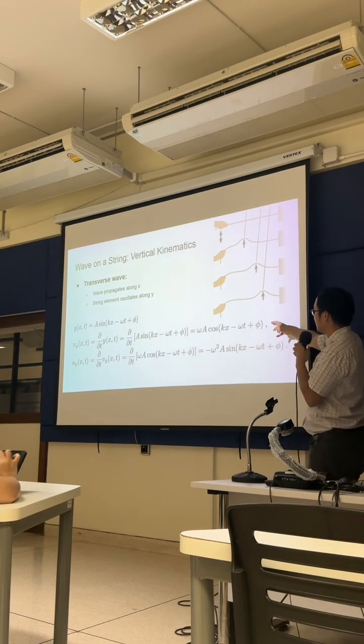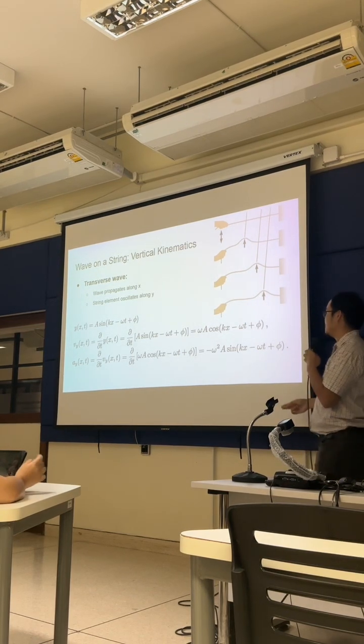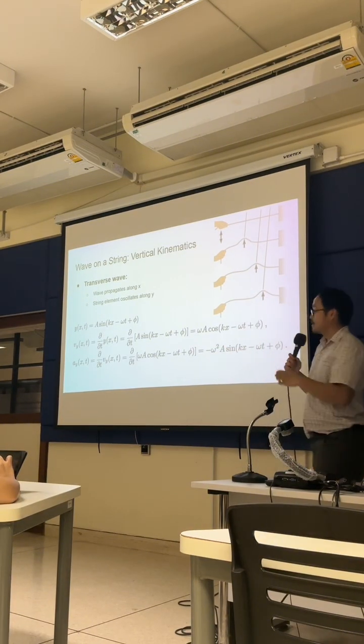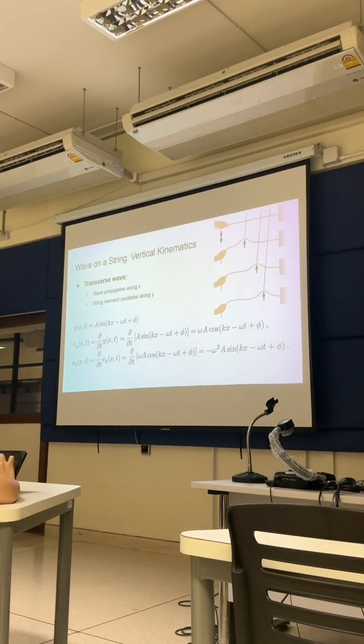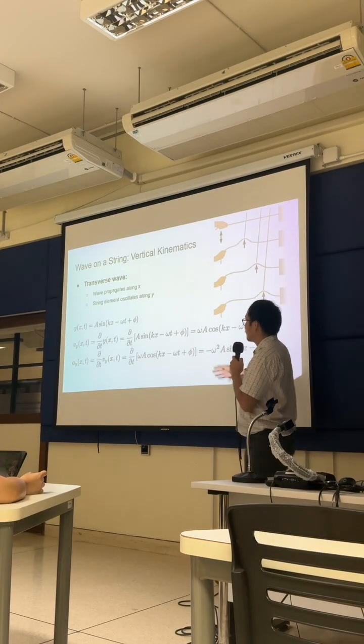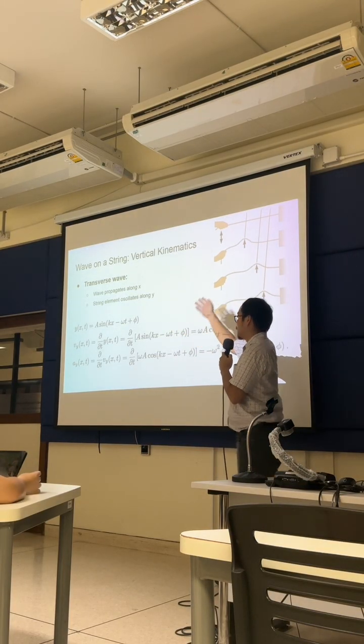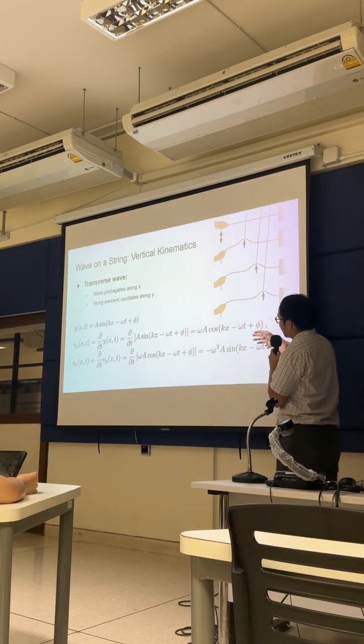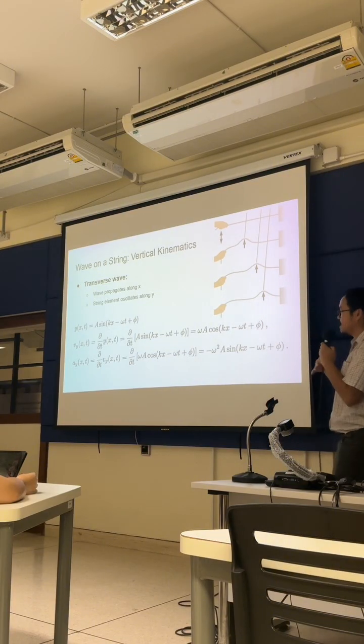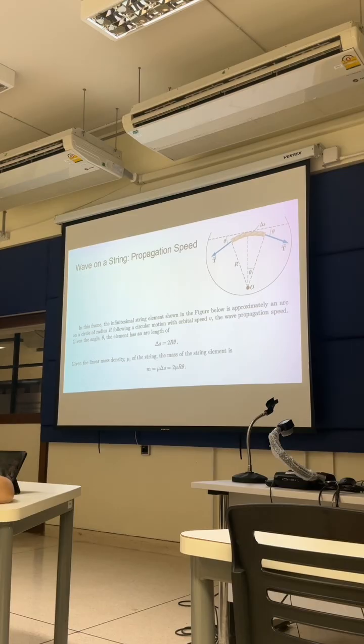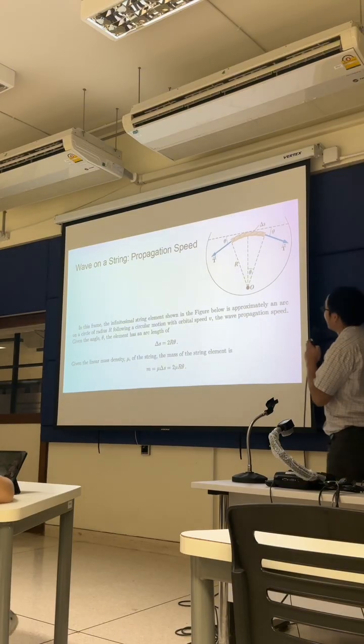Sine becomes cosine, cosine becomes negative of sine with some constant in front, right? So we know that this equation we have seen in the past, a few slides ago, and the rest is just directly taking the time derivative. So that's even a good exercise to do at home.